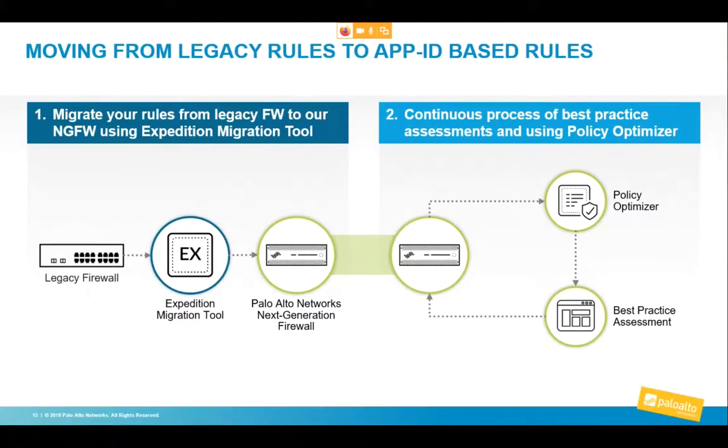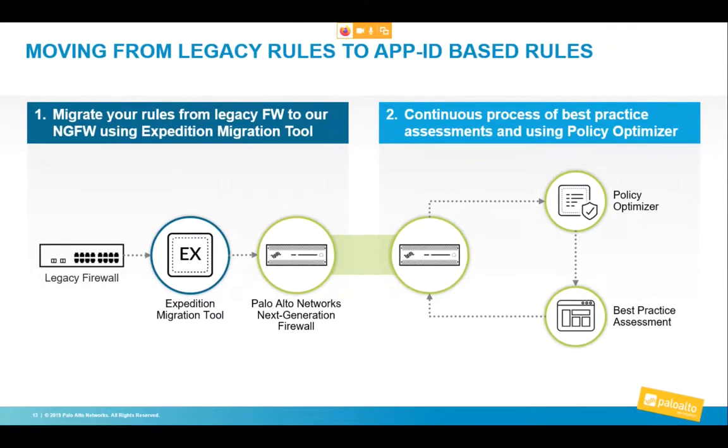At the end of the day, you're going to have heat maps showing different colors on feature adoption, to make sure that there are no things left that introduce vulnerabilities or gaps that the bad guys can use to penetrate into our network. So the BPA assists us to make sure that these policies are very powerful, because it shows some of the weaknesses that you may not have. It tells you, for example, you may need to turn on threat prevention in this rule so that it can also be optimized.